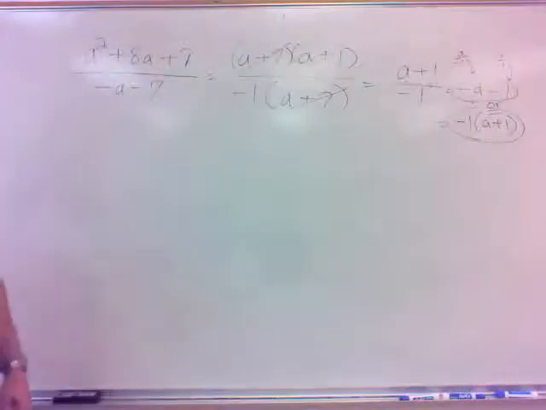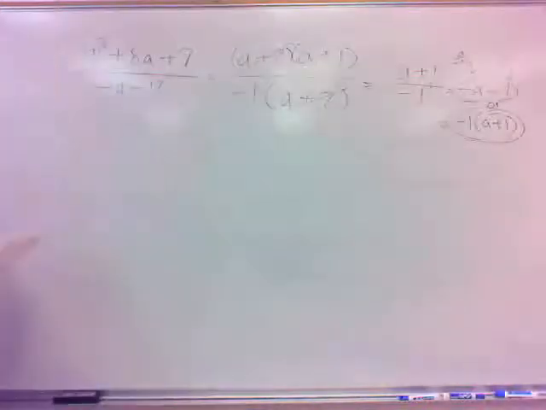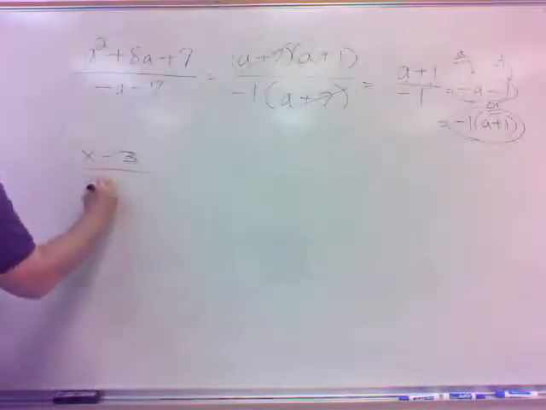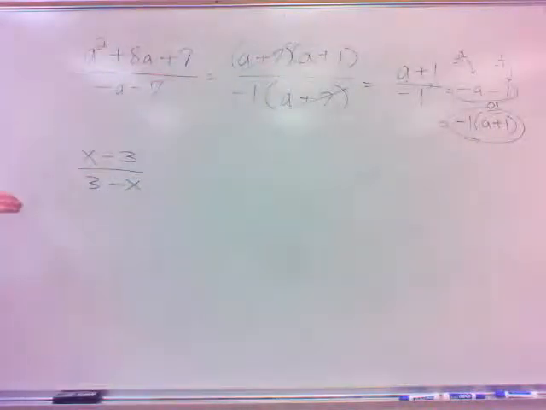So now the other thing to mention is this. Again, simplifying here. We said earlier, you know, this is x minus 3 over 3 minus x.